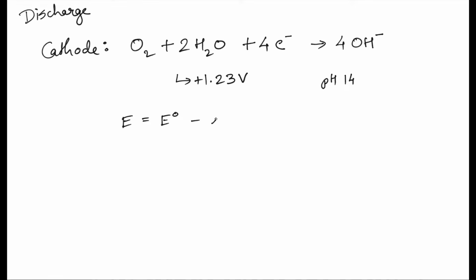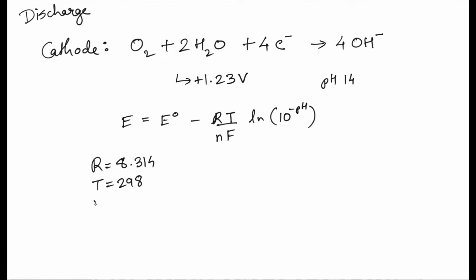E naught is, R is, temperature 298, number of electrons 4, F is 96485, and pH is 14.